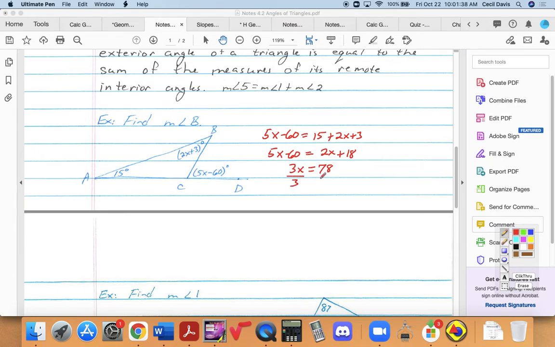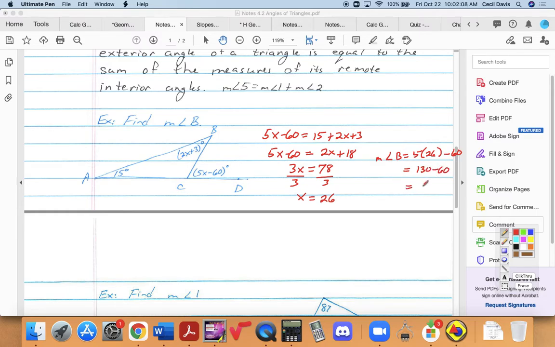So dividing both sides by 3, we get x is equal to 26. They asked us to find the measure of angle B. So the measure of angle B will be 5 times 26 minus 60.